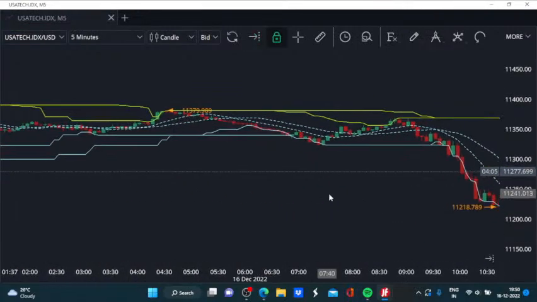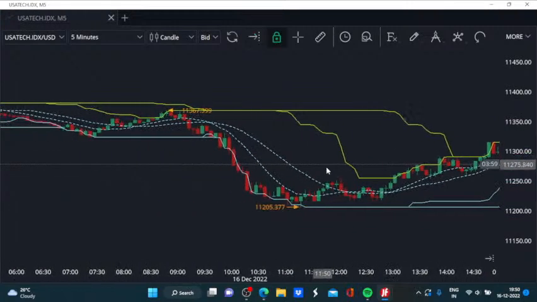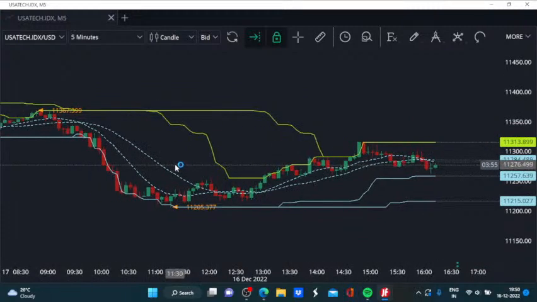Now, the Nasdaq is trading slightly more bullish compared to the other equity indices. We have an almost similar price trajectory prevailing in the S&P 500 and the Dow Jones Industrial Average, but we have better momentum, a better situation prevailing for scalping trades in the Nasdaq.